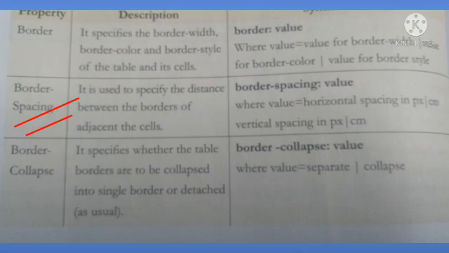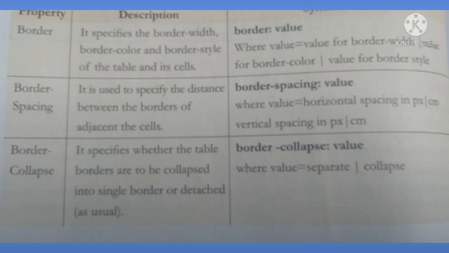And the third one is border-collapse, which specifies whether the table borders are to be collapsed into a single border or detached, and its syntax is border-collapse: value, where value is separate or collapse.